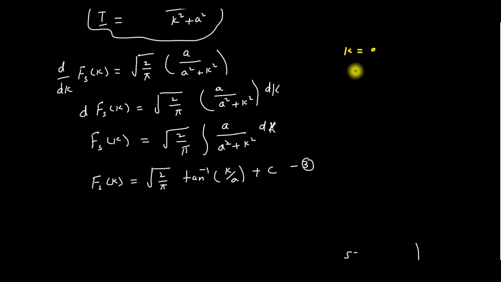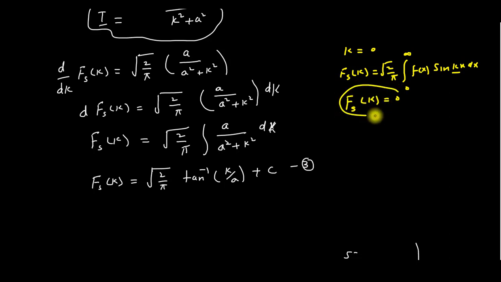Now I am using the equation of sine Fourier series, which is f s k is equal to under root 2 divided by pi integration from 0 to infinity f x sine k x into dx. When I put the value here 0, so this whole term will become equal to 0. So we can say that f s k is equal to 0.